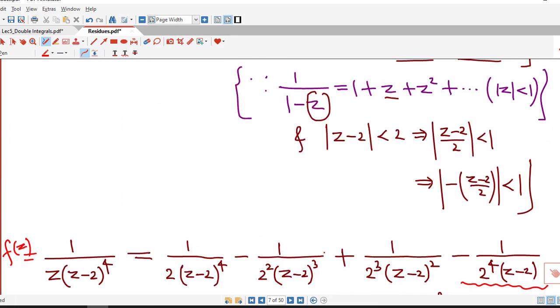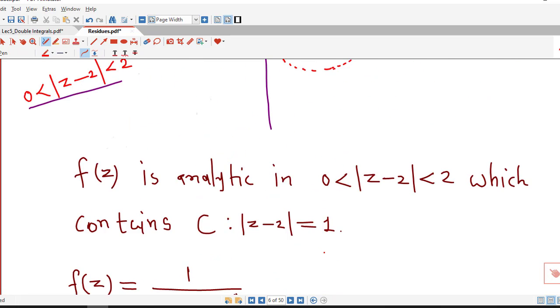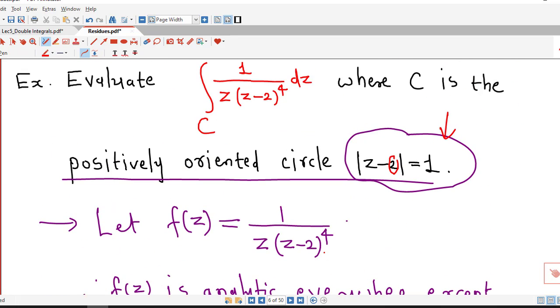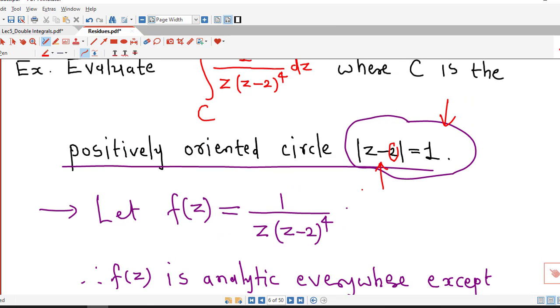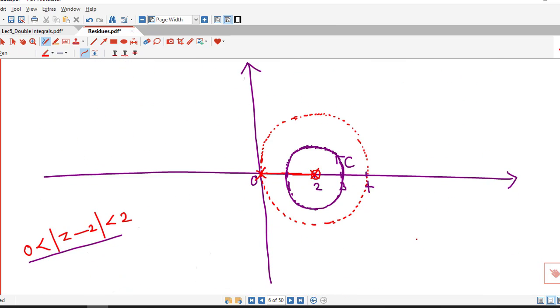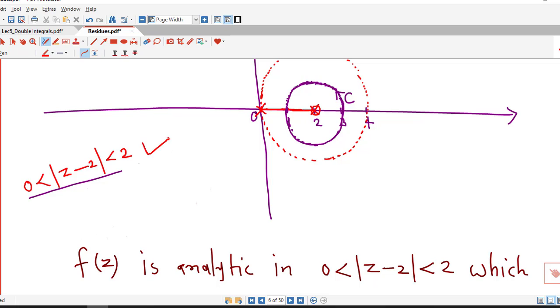So in this way we can easily find certain types of integrals using Laurent series expansion, provided that the contour along which we want to evaluate the complex integration must be inside the annular domain in which the Laurent series expansion is valid. So here we had seen two annular domains, 0 less than |z minus 2| less than 2, and this is also.